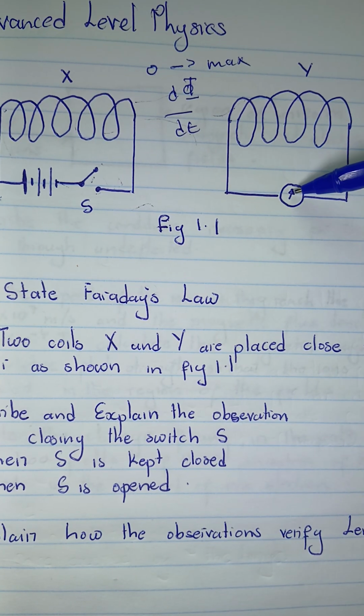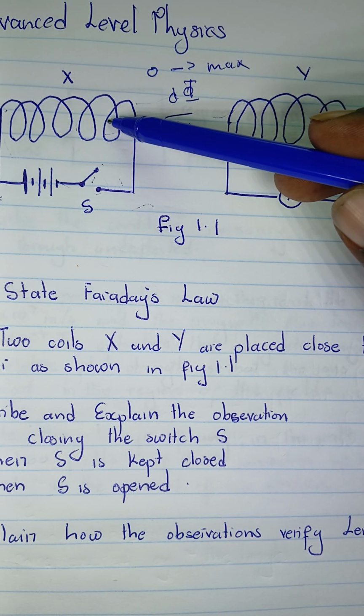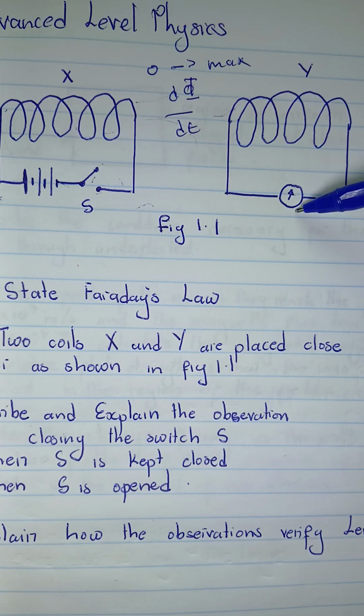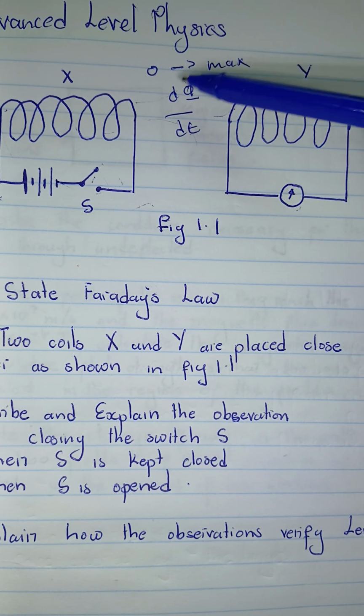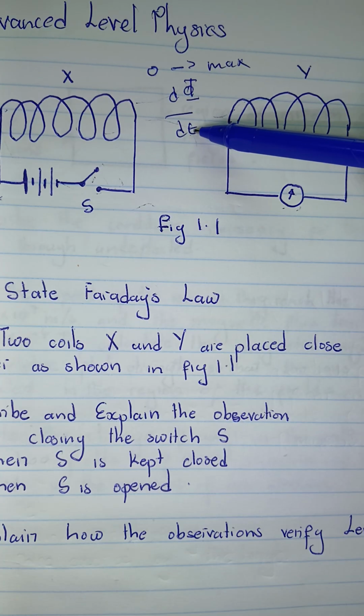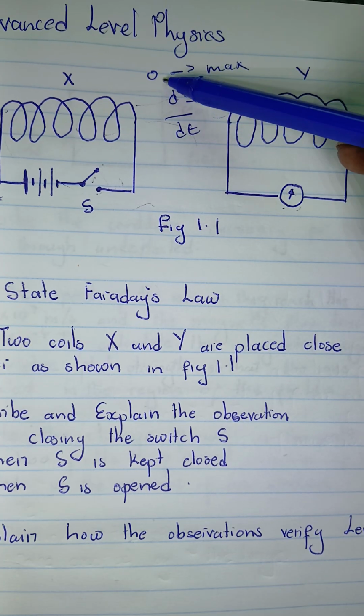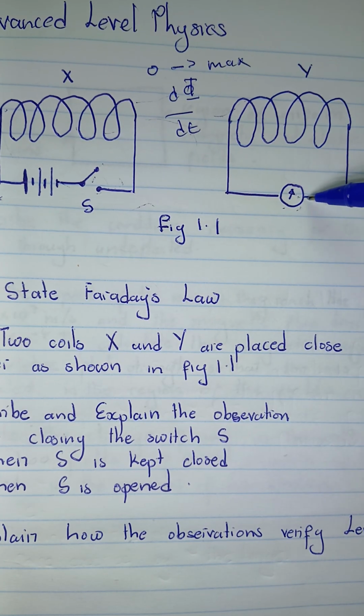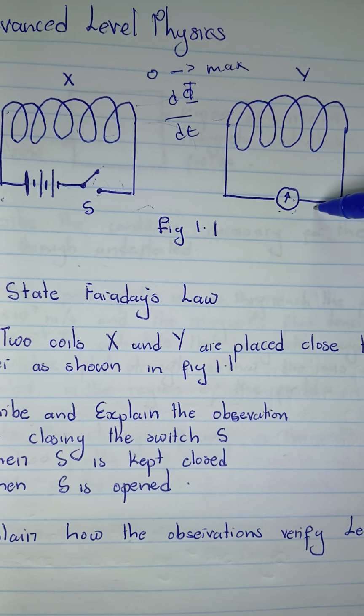The galvanometer is going to show a deflection in the opposite direction of the flow of current here, because the flux is changing from 0 to max.